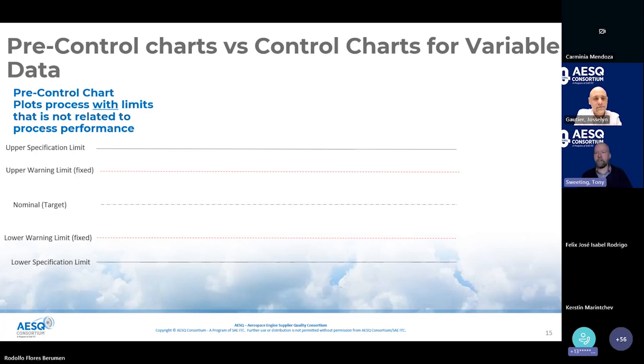Again, Jocelyn will go into that in a bit more detail in a moment, though. So here we've got the points plotted, and we've got warning limits is the best way to look at it. They are not control limits, even though they may help you kind of control the process. But they're warning limits to tell you you're getting near to being non-conforming.